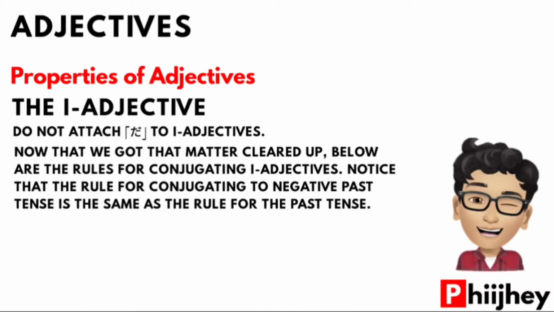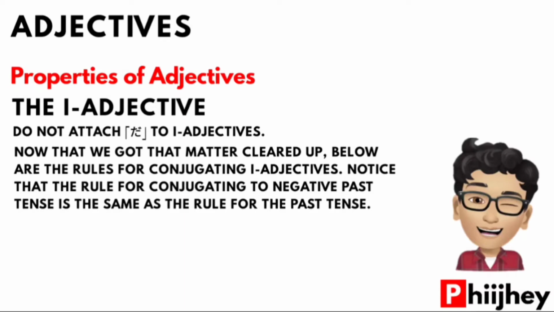Now, remember how the negative state of being for nouns also ended in i, such as janai? Do not attach da to i-adjectives. Now that we got that matter cleared up, below or on the next slide are the rules for conjugating i-adjectives.